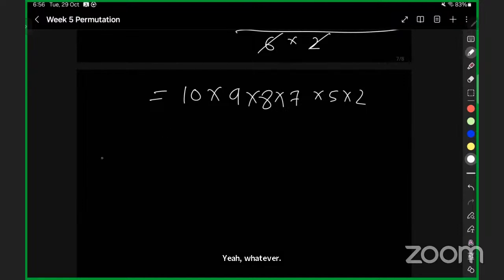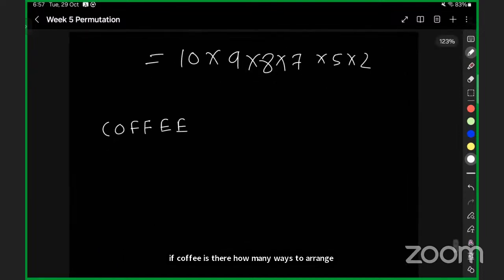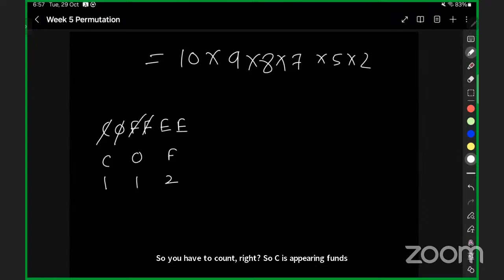Okay, so let's say you have the word coffee. How many ways to arrange the letters of this word? So you have to count, right? C is appearing once, O is appearing once, F is appearing 2 times, then E is also appearing 2 times. So how many ways can you arrange them?